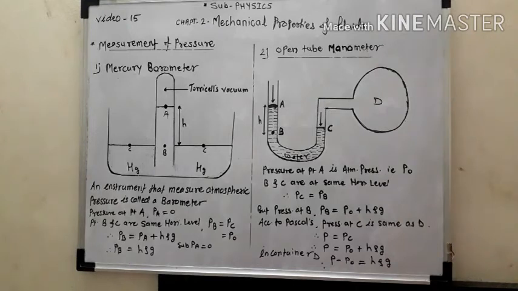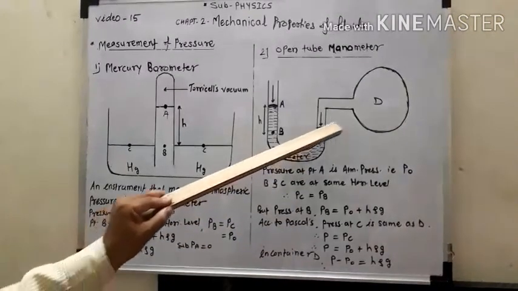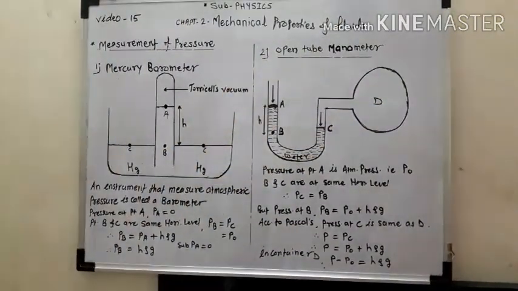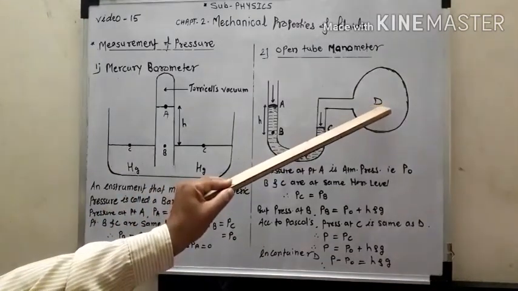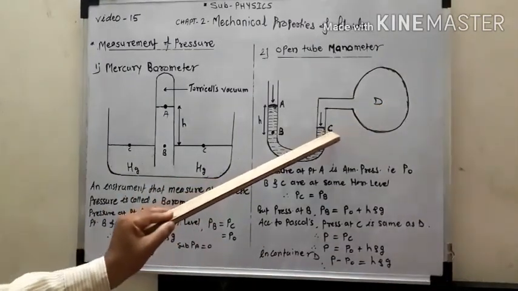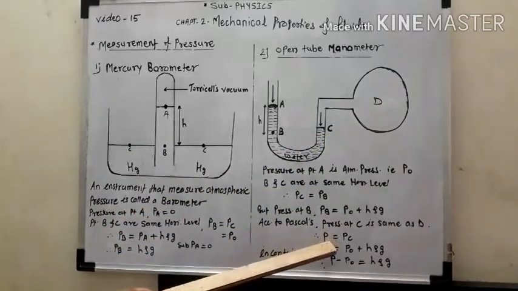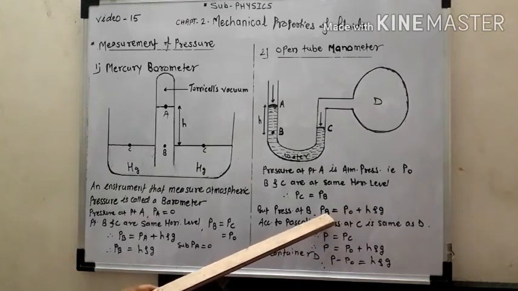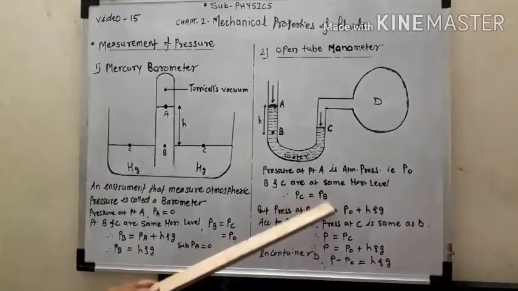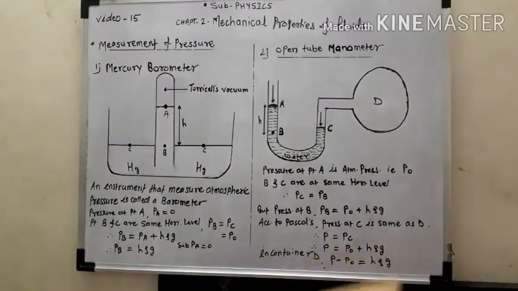Then according to Pascal's principle, the pressure at C is the same as the pressure at point D. Therefore, the pressure P inside the container is equal to PC, and since PC is equal to PB, we can write P is equal to P0 plus h rho g.